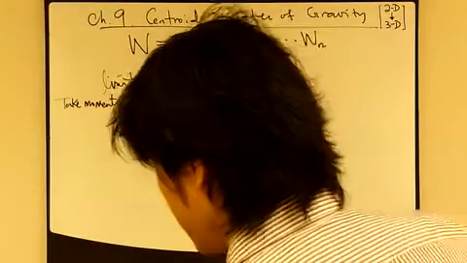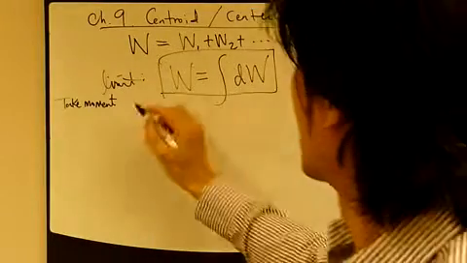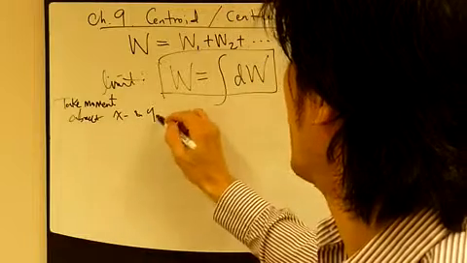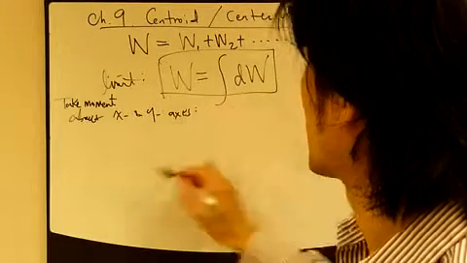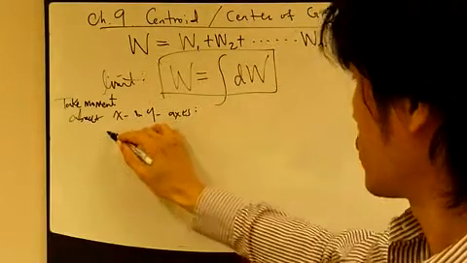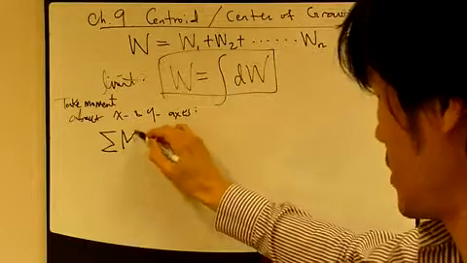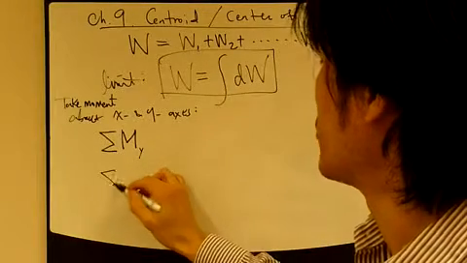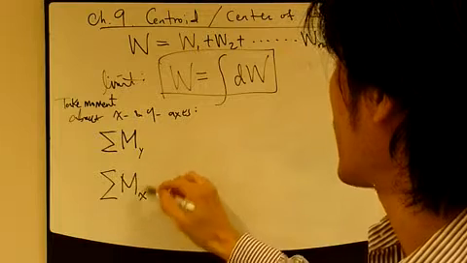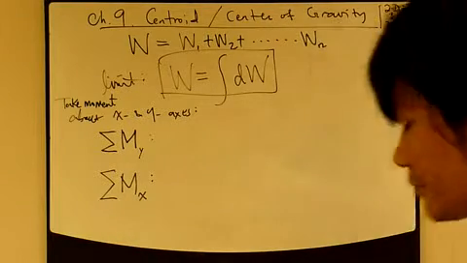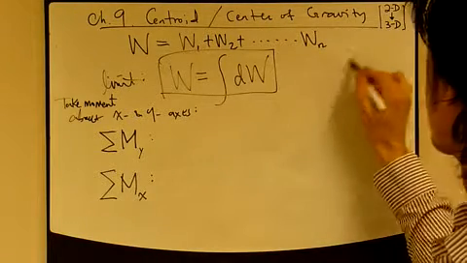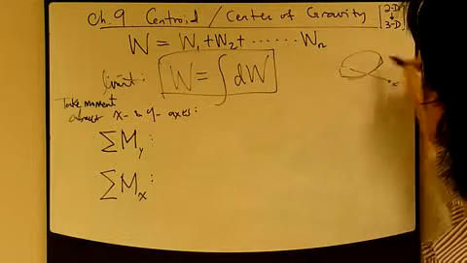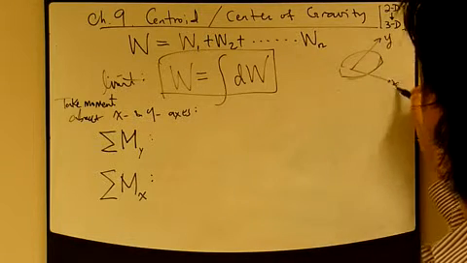Let's do this: sum of moment about the y-axis first, and then sum of moment about the x-axis. This is my x-axis, this is my y-axis.